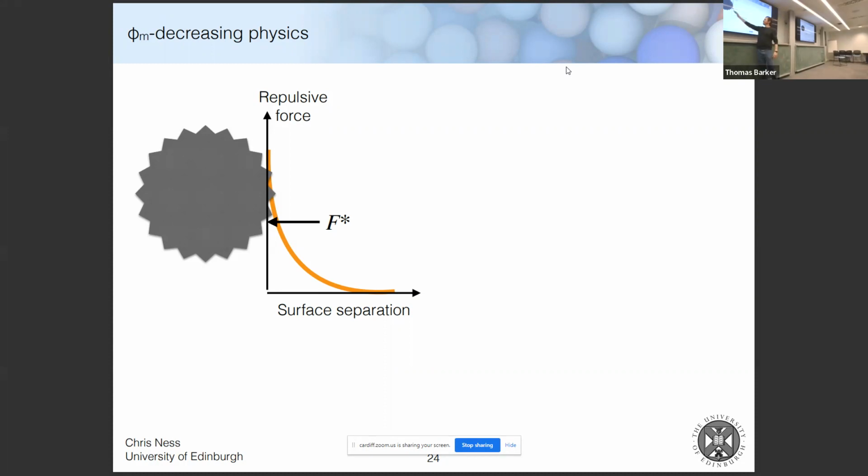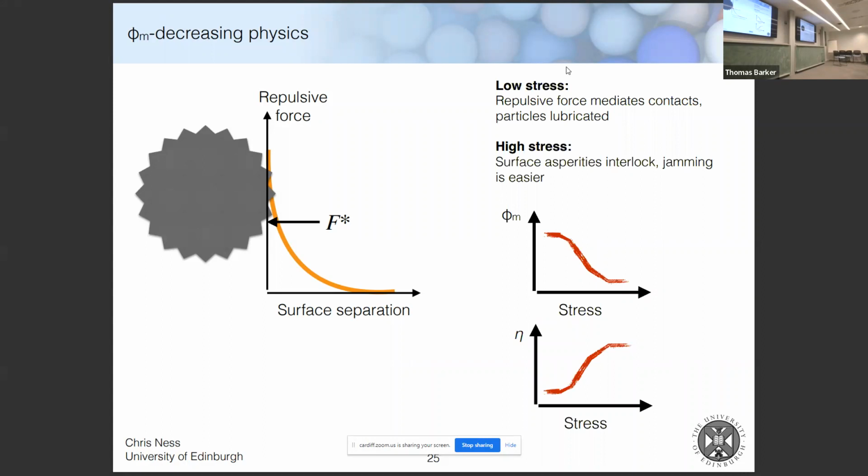So basically, if we apply a force smaller than F star, the particles don't know that they're rough because they're separated by this repulsion. But as soon as we exceed F star, the particles come into contact and they realize that they're rough and they start to interlock. So that's an example of a case where at low stress, the particles will remain kind of lubricated and they won't know about this interlocking. But at high stress, they will interlock.